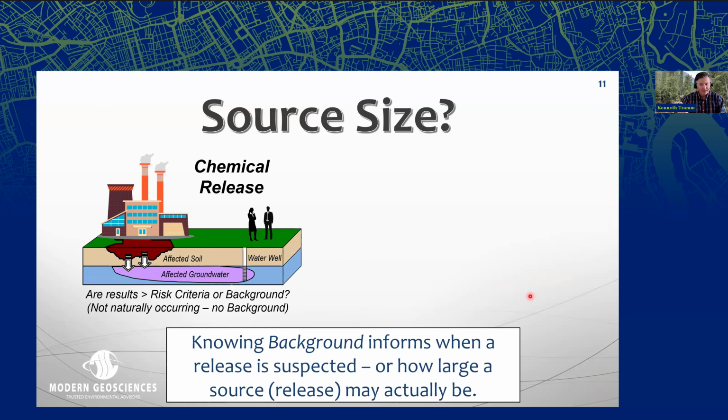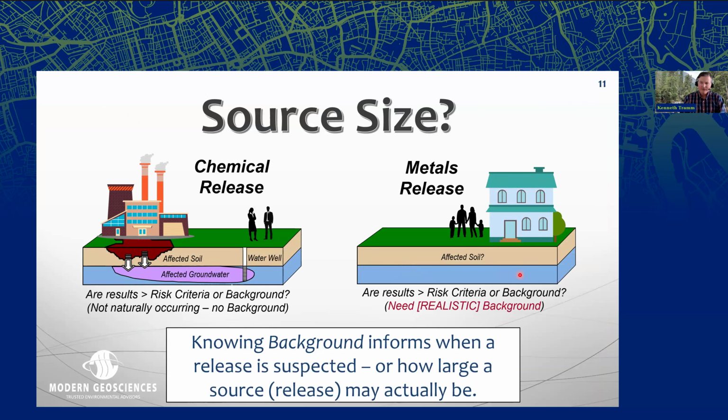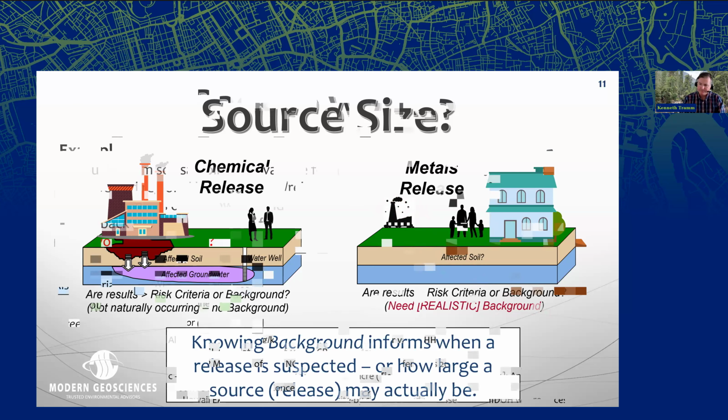It's easy if it's a chemical that we don't think is naturally occurring in nature, or we have a good history of a site and we can identify where the release is. That's easy. It's really these other scenarios where we're screening, perhaps the history has changed, and we're trying to make a decision over here. Maybe there was a historic point of a release that's affected here. This is the reason that we have to have a realistic and inclusive background number to make that decision.